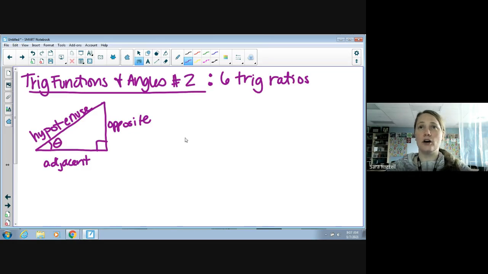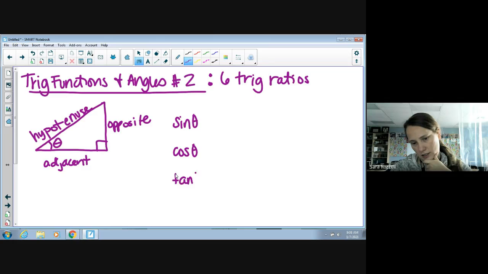So we're going to write down our 3 trig ratios that you already know, and then I'll introduce the remaining 3 from today. So we've got, remember, sine, cosine, and tangent. Anyone think they remember the ratio?